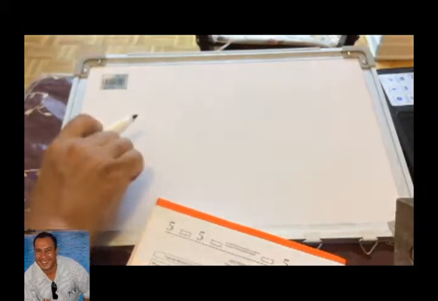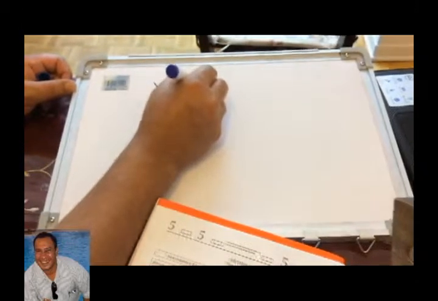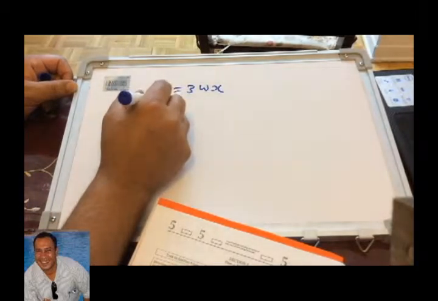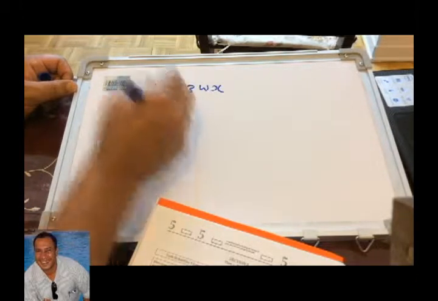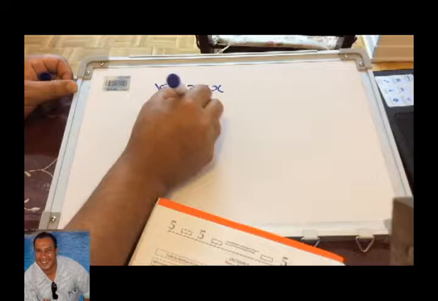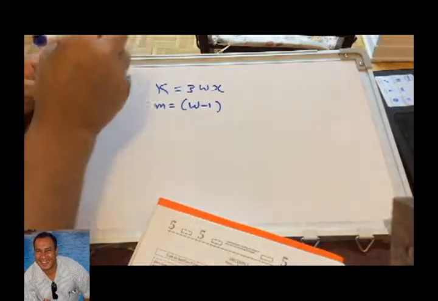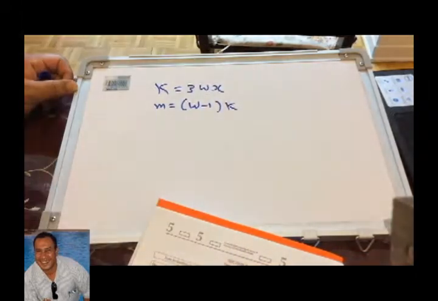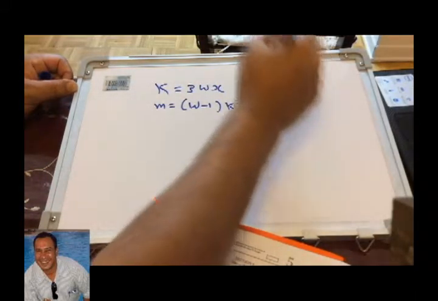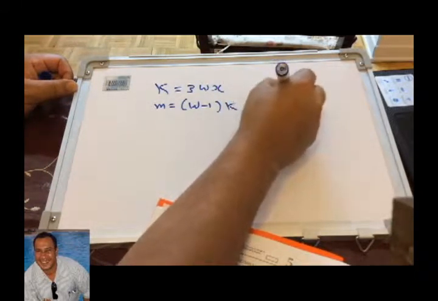The first equation is k equals 3wx, and the second equation is m equals quantity w minus 1 all multiplied by k, and we have the values w equals 4 and x equals 1.